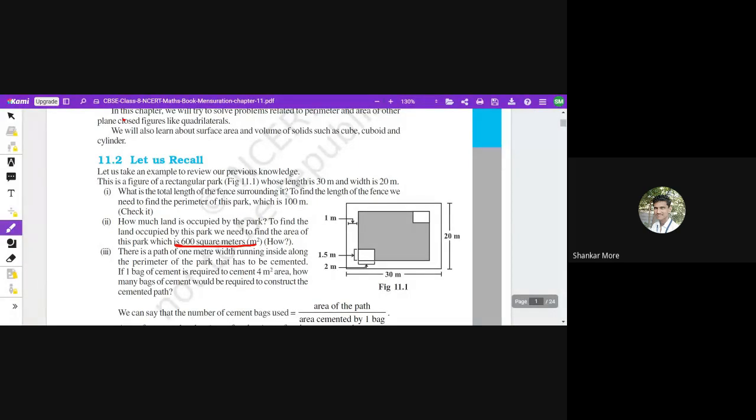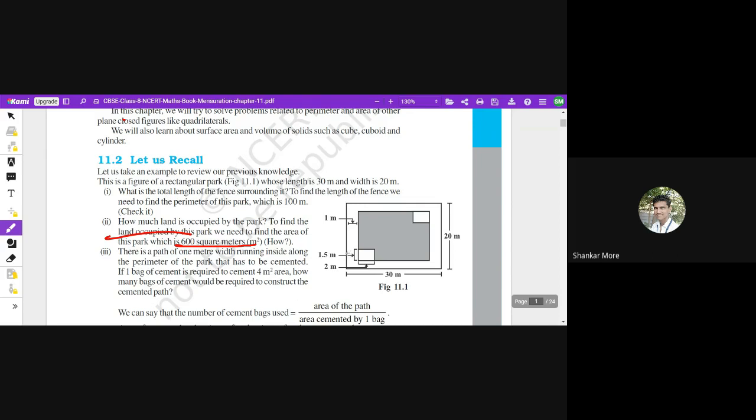Now, one more additional problem that we have here is, देखिए यहाँ पे इस पार्क के अराउंड, नाउ दिस टोटल पार्क की जो लेंथ है वो है 30 मीटर्स एंड विड्थ है 20 मीटर्स. नाउ इस पार्क के अंदर एक साइड वे पाथ है. सो इस पाथ को हमें क्या करना है? सीमेंट करना है, मतलब इसको कंक्रीट करना है, राइट? सो इसके लिए द सीमेंट वुड बी रिक्वायर्ड, मतलब एक बैग में 4 मीटर स्क्वायर का एरिया कवर होने वाला है.